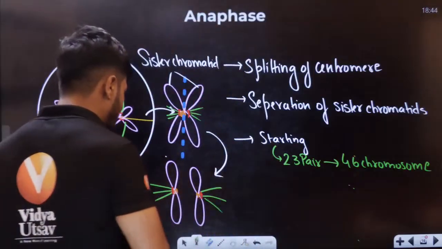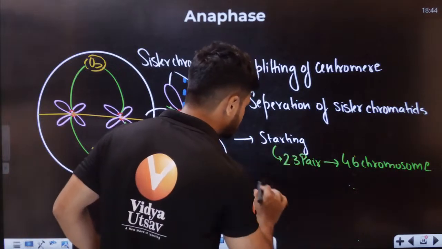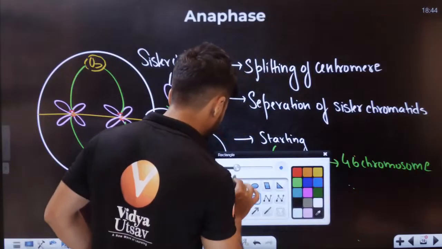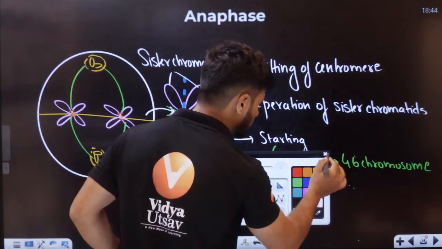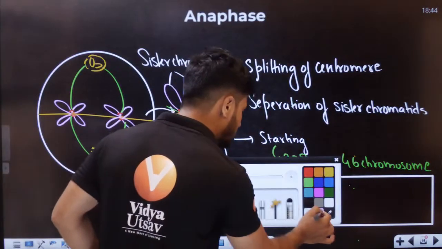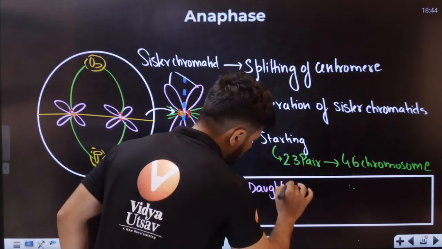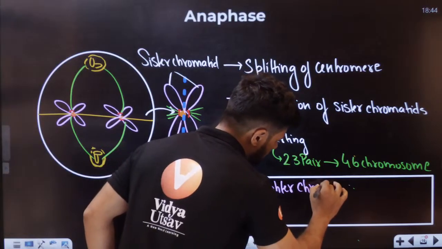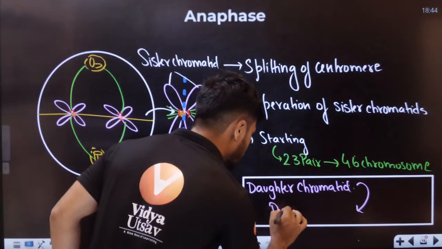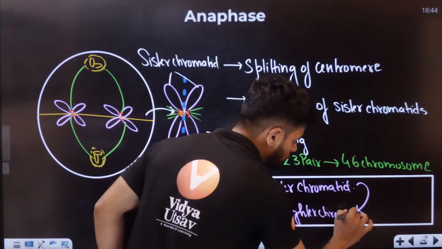So temporarily, very, very important line, students, temporarily, every single daughter chromatid is acting like a daughter chromosome.